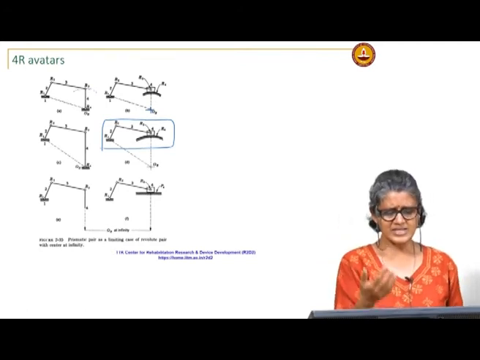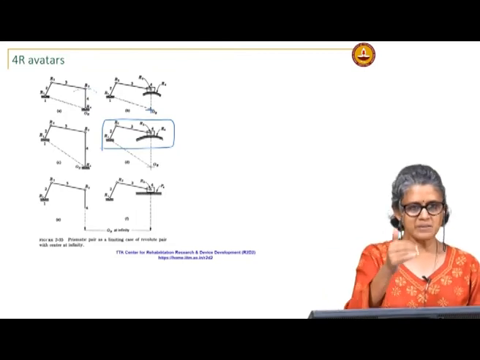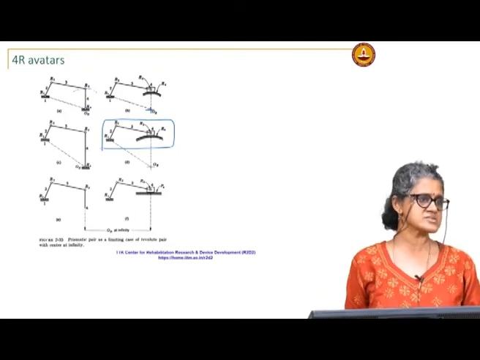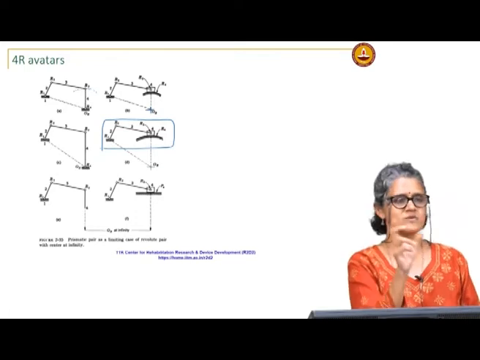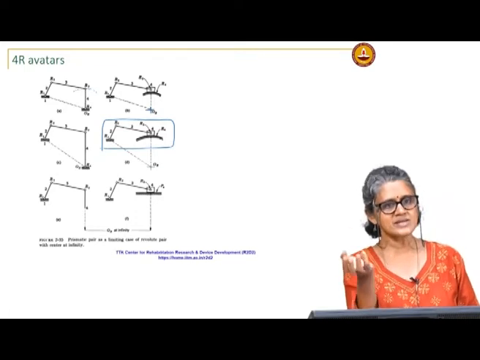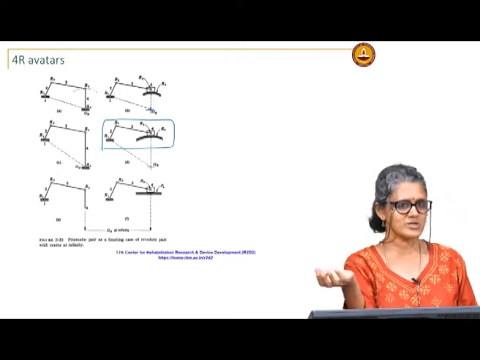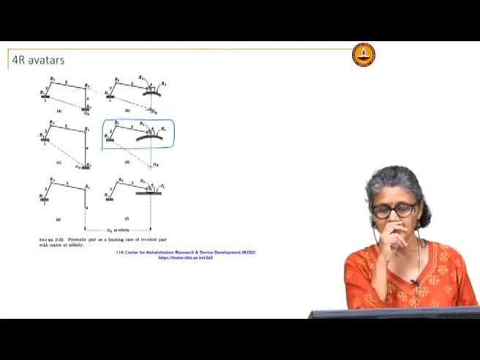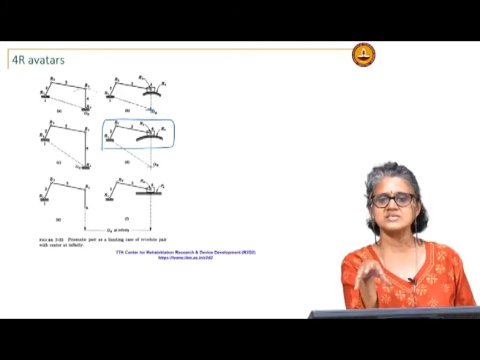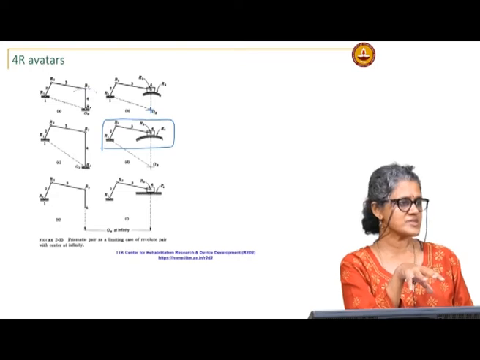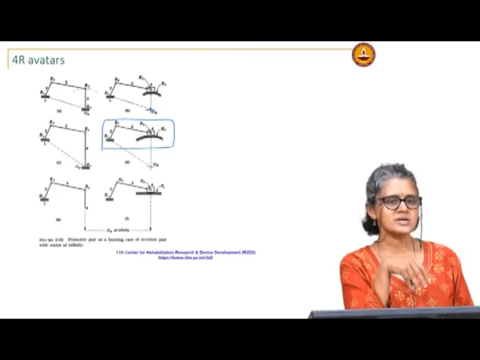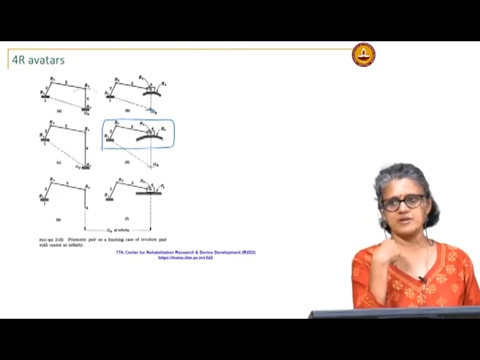Okay. And essentially the slider crank or the prismatic pair is just a limiting case of the 4 bar. That is why we always talk about the 4 bar and the slider crank in the same breath. We talk about them together, because essentially one is a limiting case of the other when the rocker pivot is at infinity.